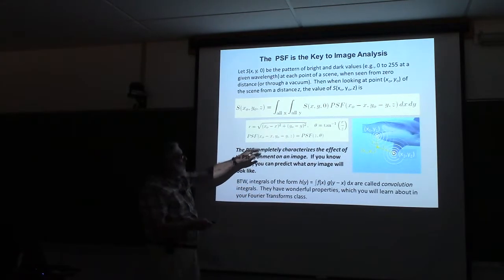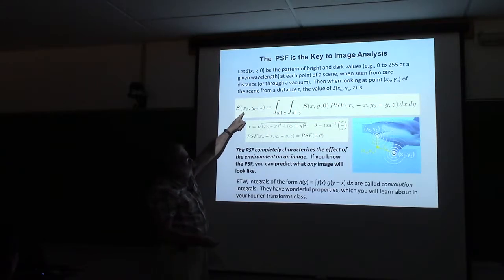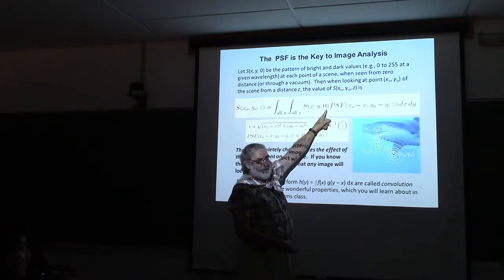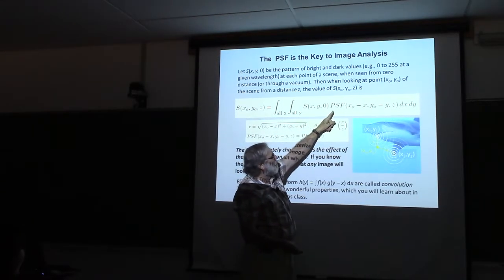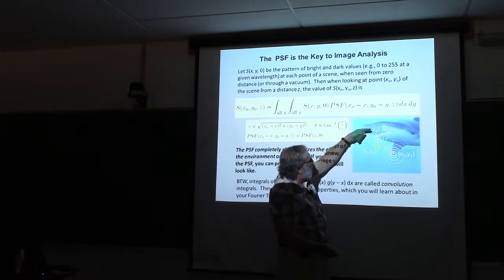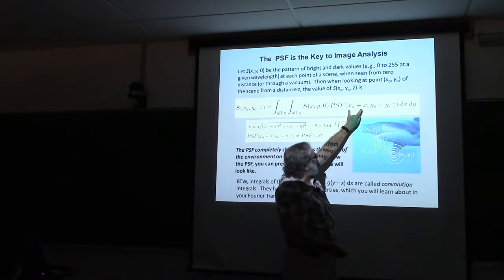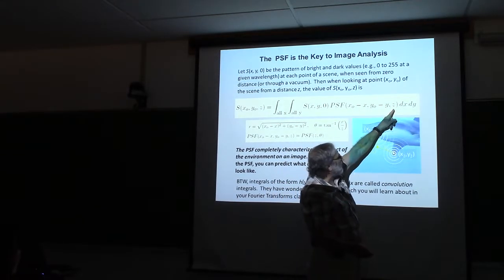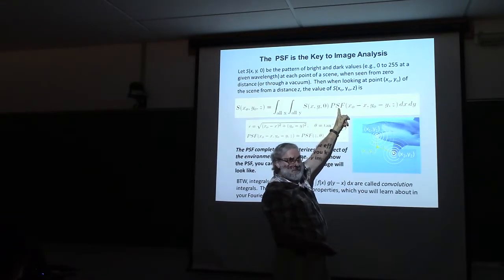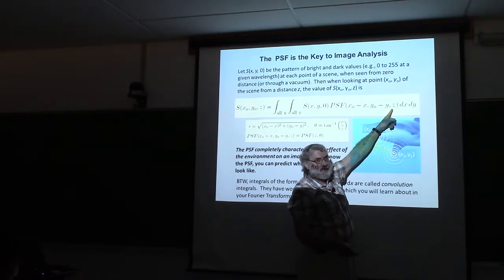Well, you think about it a while and you realize that what I'm looking at, at a particular point at a distance z away, is the original image up close, times the point spread function for however far it is away from here. So I wrote this as x0 minus x, y0 minus y, and distance z, because remember, beam and point spread functions depend on the distance.